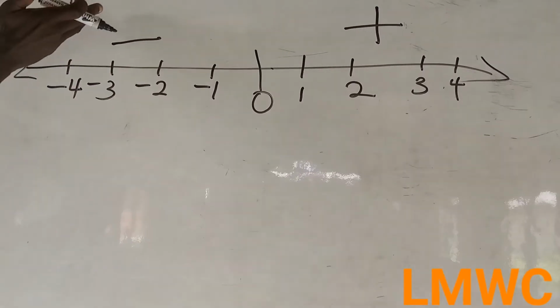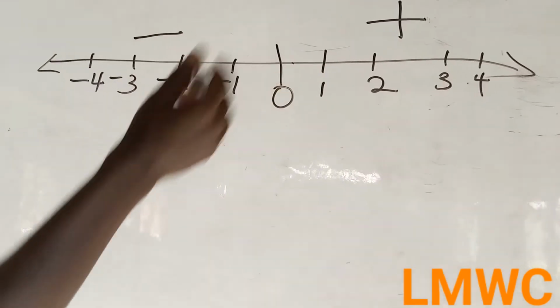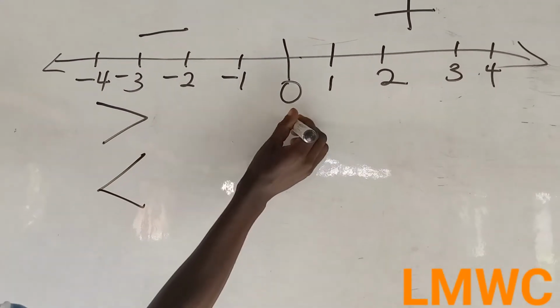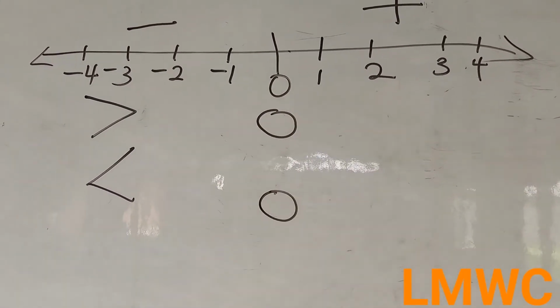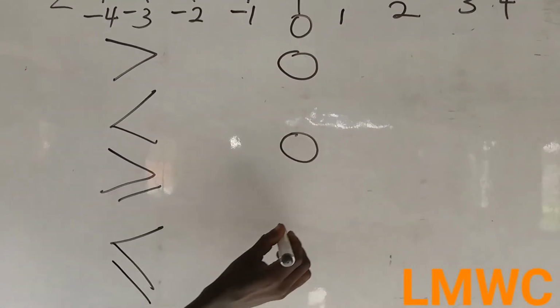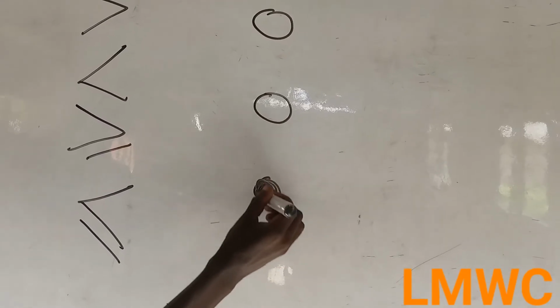So let us now represent x is greater than 4 on a number line. And always, if they give you greater than or less than, it has an open circle. You must not shade the circle. But for greater than or equal to and less than or equal to, you shade the circle. The circle is always shaded.